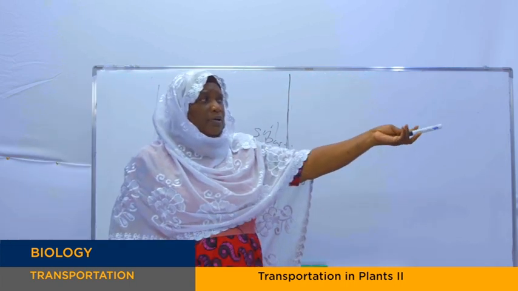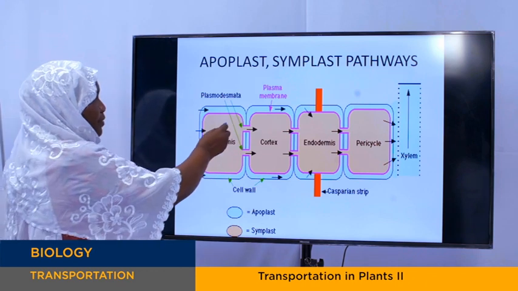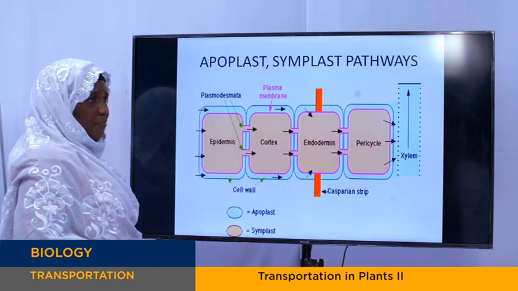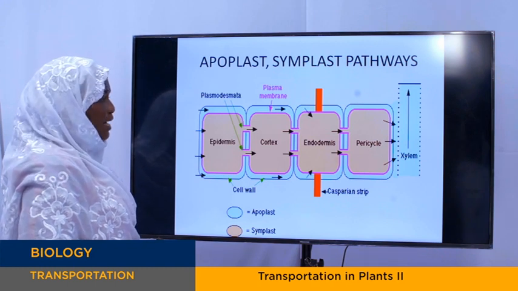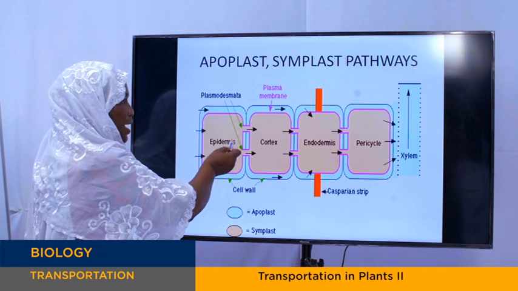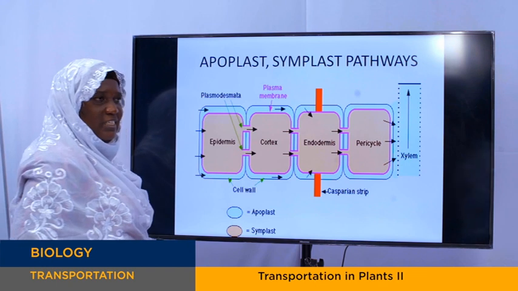Okay, check that diagram. This diagram represents the cells of the roots, starting from here. Here, the diagram is represented by 4 cells.